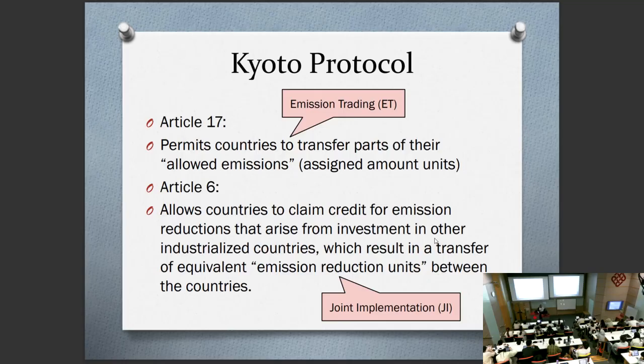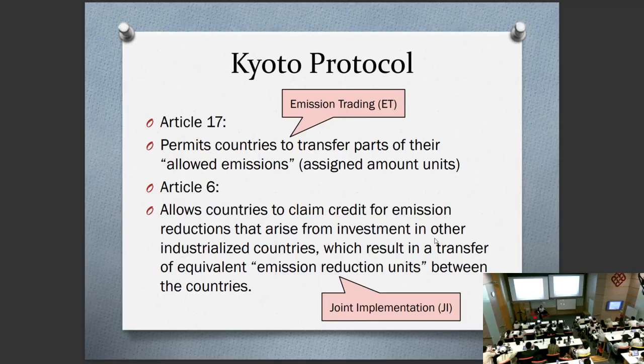But for joint implementation, a developed country invests in another developed country for some clean technology, and it results in emissions reduction, like the U.S. investing in Canada.